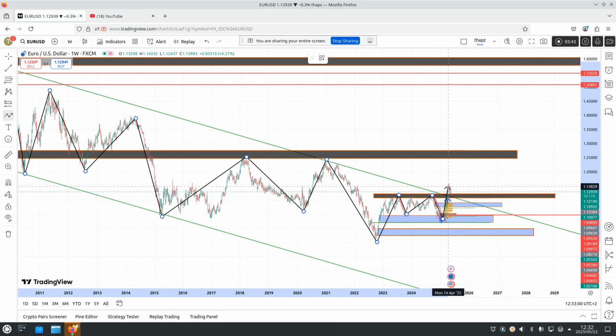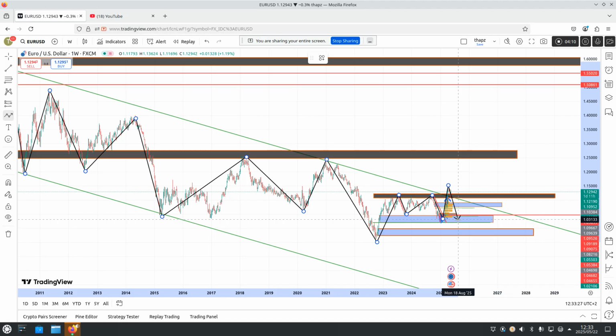This we can really call a manipulation, because the market always wants to form the same highs or same lower lows. So we are looking for a retest between this latest resistance and this latest support area.